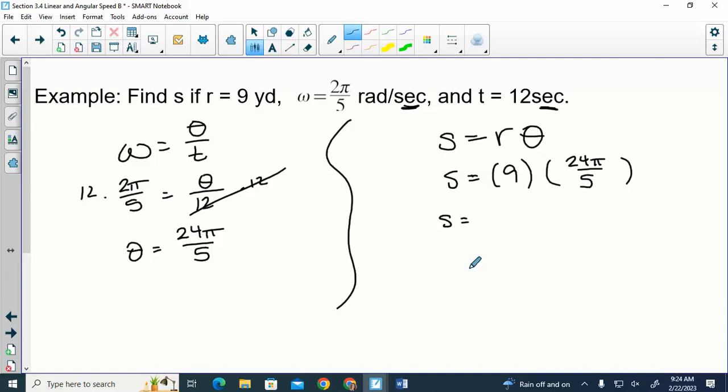So then if you multiply, what would my units be?